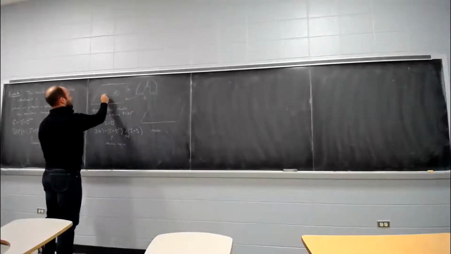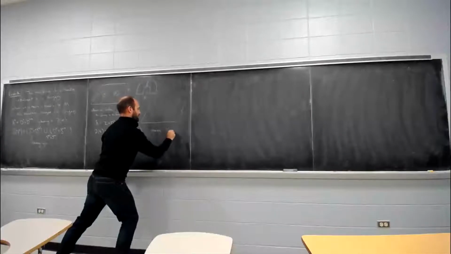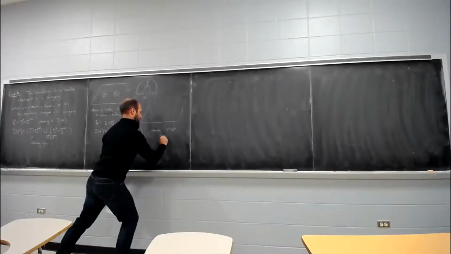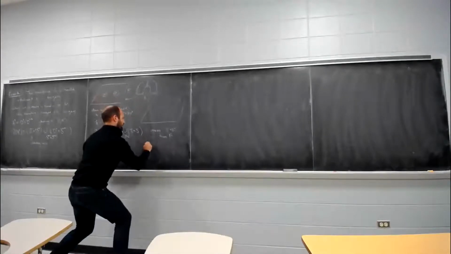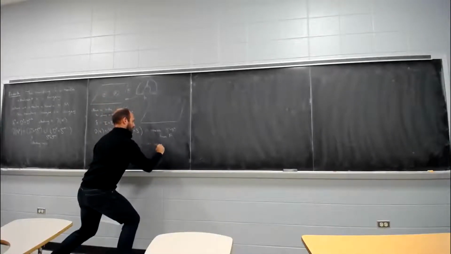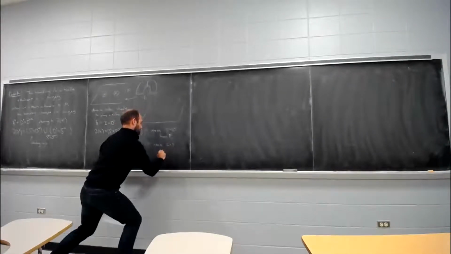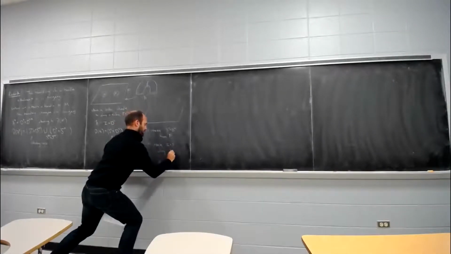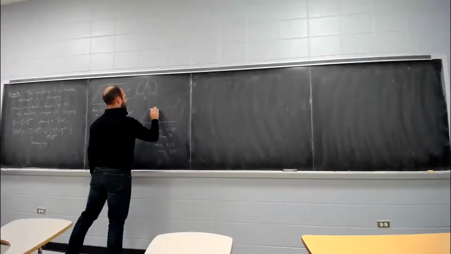You can remove the attaching region, so this is the S^0 cross D^2, from the boundary surface F. And then you can attach the other boundary, I cross S^1, along the S^0 cross S^1 boundary.